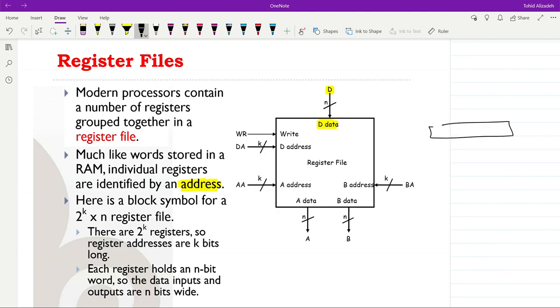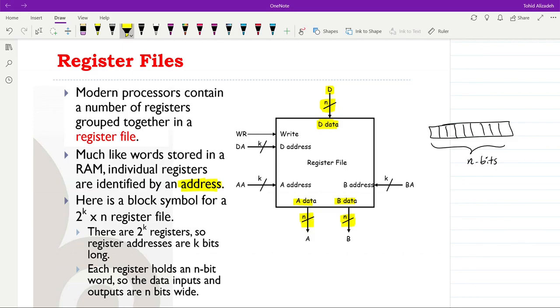So if I show you one register here, which has n bits, all the registers that we have n bits, therefore the data input and output lines will have n bits, and that's what we have here. We have one data input line and we have two data output lines as A data and B data, and all three of them have n bits for the bus, for the data line.